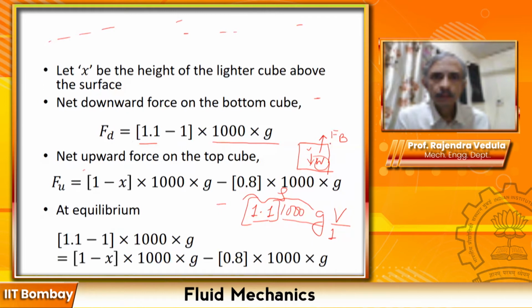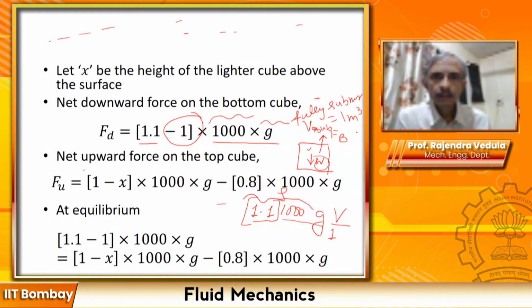It is going to displace everything which is equal to its volume because it is fully submerged. The bottom cube is fully submerged. So the V submerged is equal to 1 meter cube.